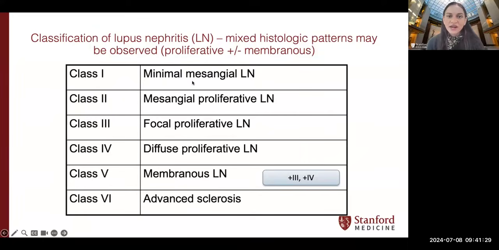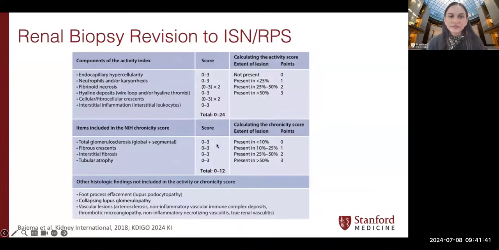Usually, hopefully, when I'm biopsying a patient, it'll be a patient that has class 3 or class 4 or class 5. So again, you can have a class 3 plus 5 or a class 4 plus 5 as well. And in general, our pathologists have a way of evaluating these patients as far as their biopsy goes, which is really helpful for me to understand what's happening in my lupus patient.